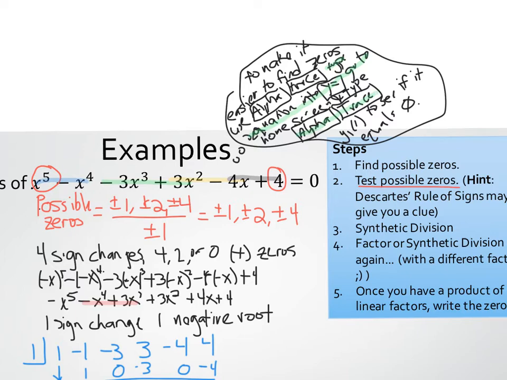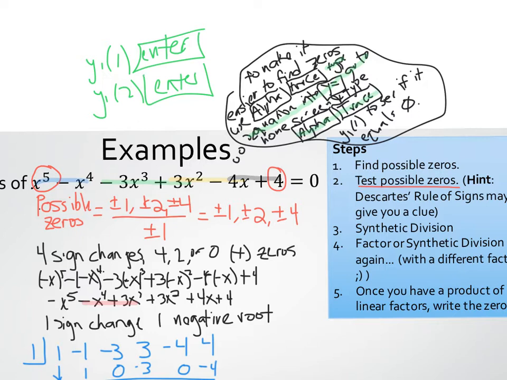You'll put like 1 in for the parentheses, so you'll have a y1 on your home screen. It'll look like y1, you'll put in parentheses 1, and then you'll push enter. If that equals 0, then it is a solution. The other thing you could do is y1 of 2, because it's another possible 0, and then push enter, and it would let you see if that equals 0 or a solution.